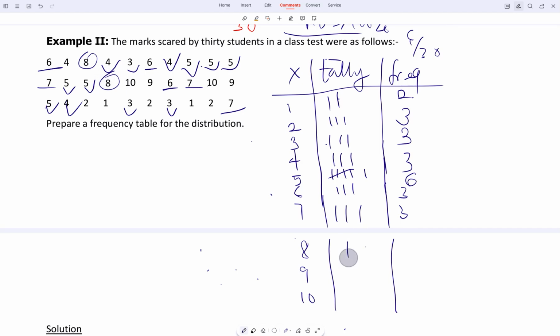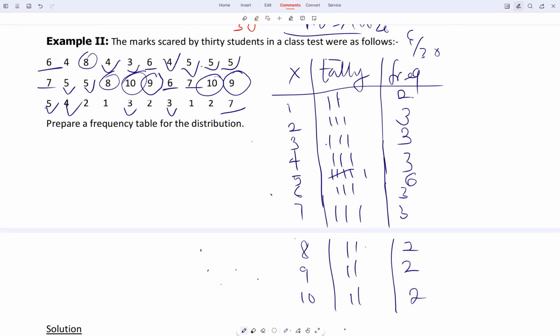So 8 occurs 2 times. Then 9 occurs how many times? 1, 2 also. So 9 occurs 2 times also. And then 10 occurs how many times? 1, 2. So that one also occurs 2 times.